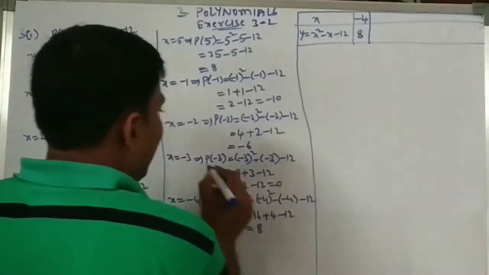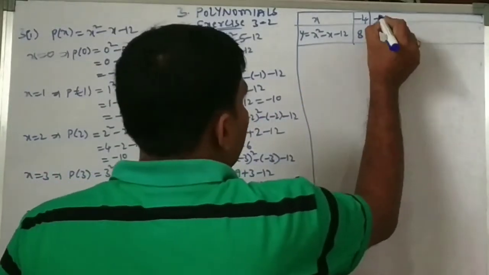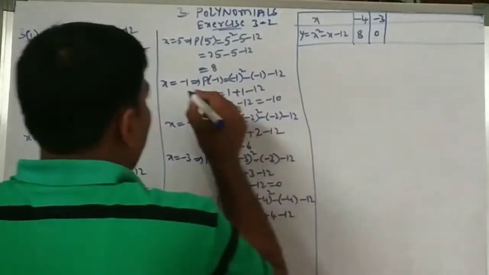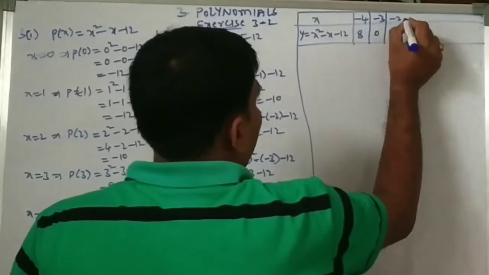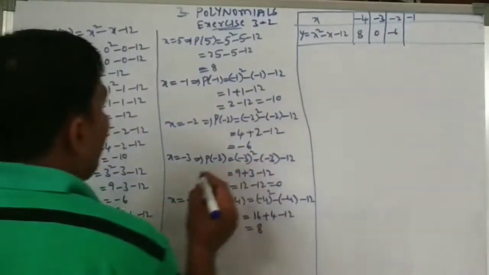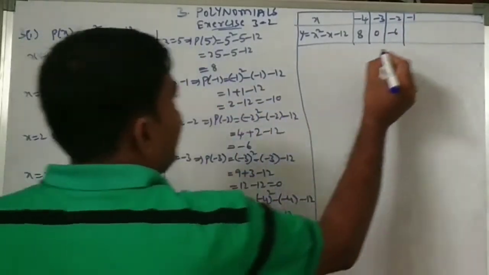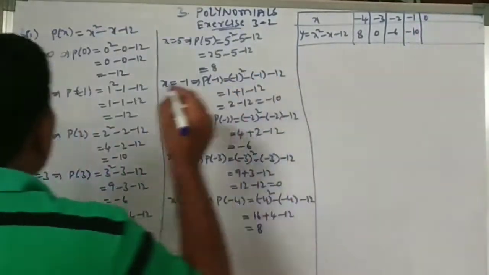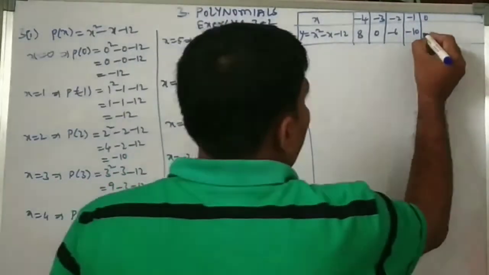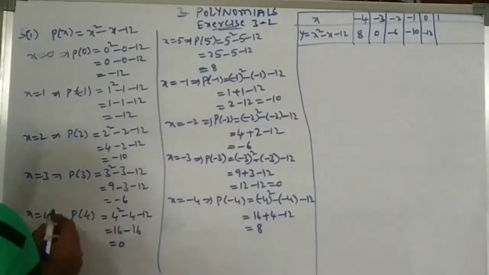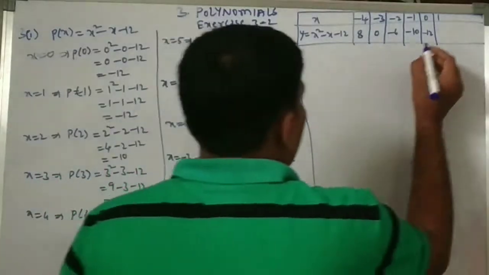If we take minus 3, the value is 0. If we take minus 2, we get minus 6. Minus 1 gives minus 10. Taking 0, we get minus 12. Taking 1, we get minus 12.